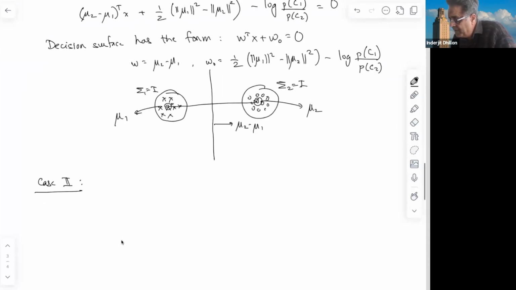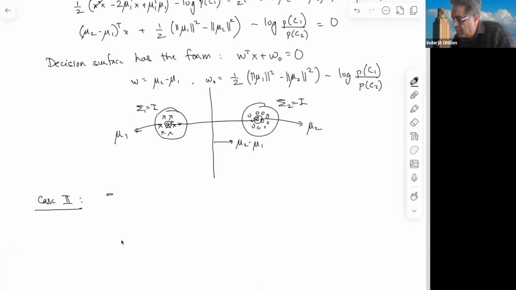So let's see what happens when I assume that sigma 1 equal to sigma 2, but not necessarily identity. Let's look at the decision surface.